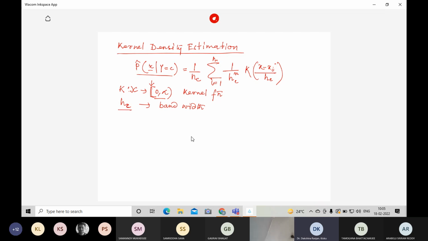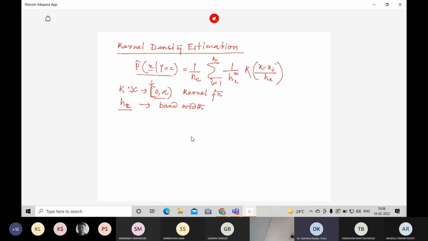For a particular class we get this bandwidth, and this bandwidth controls the shape of the kernel density estimation, that means the class density that we are estimating for the given population.